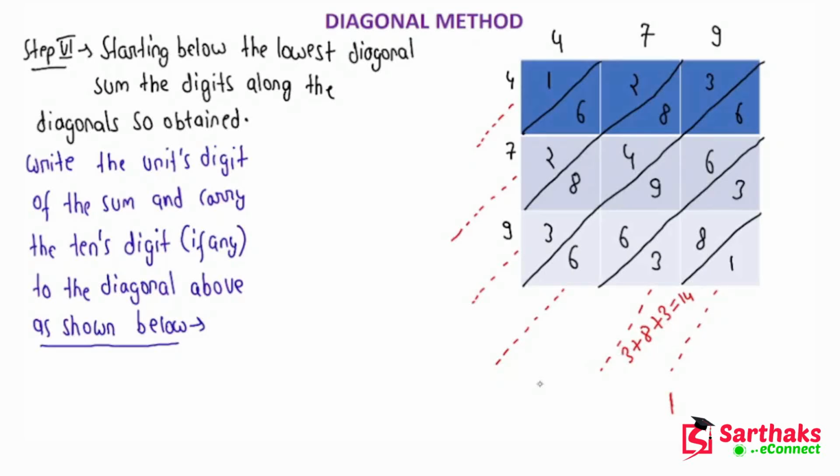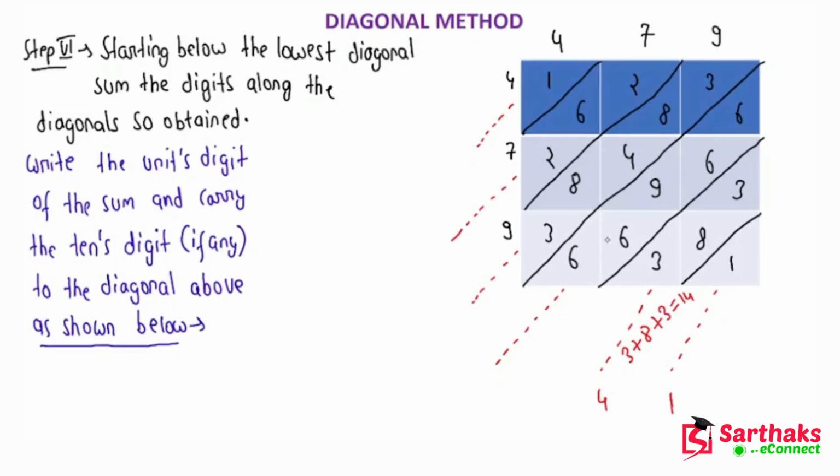Now this says write the unit digit. We have summed the digits along the diagonal so obtained. The next part says write the unit digit of the sum and carry the tens digit, if any, to the diagonal above. Since there was no tens digit, we have written 1 here. Now the unit digit is 4, so write 4 and carry 1 to the upper stage.